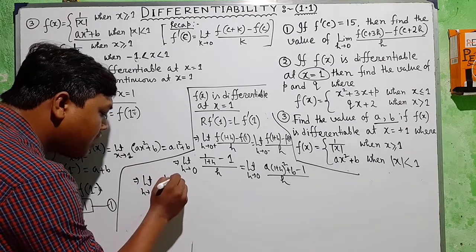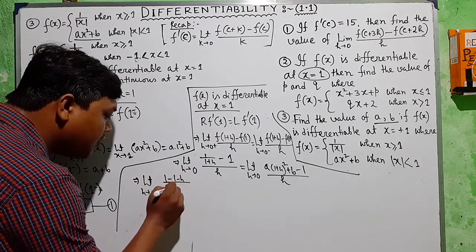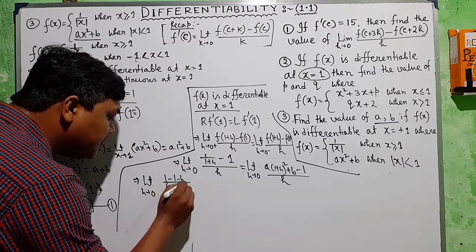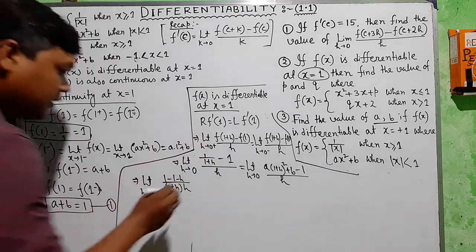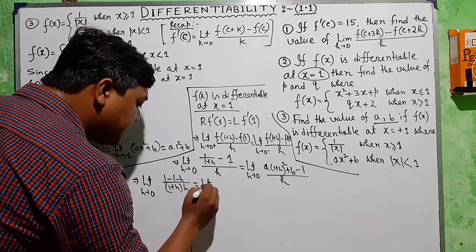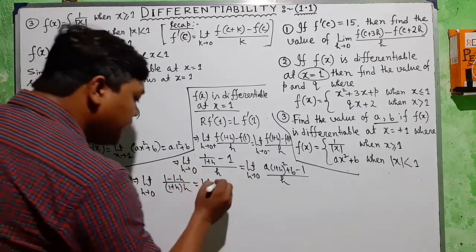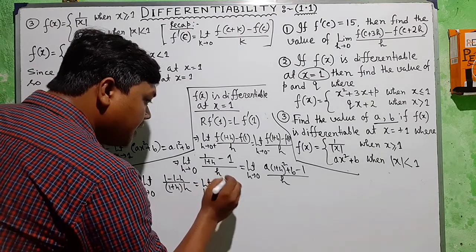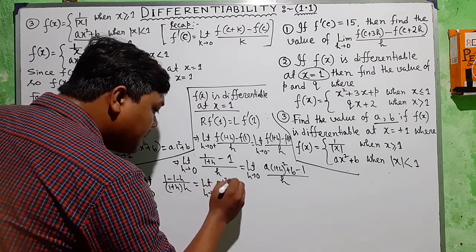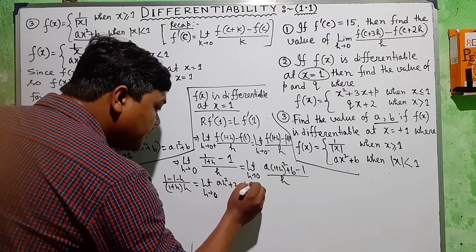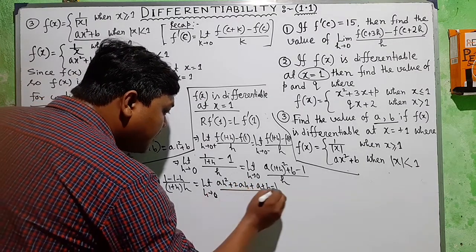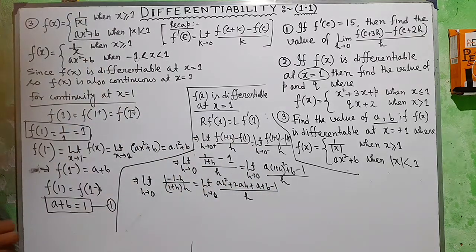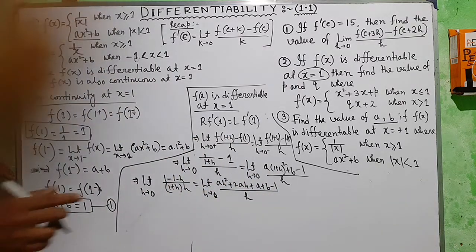So after some calculation, limit h tends to 0 of (1 minus 1 minus h) by (1+h) into h, I simplify that, equals limit h tends to 0 of (ah square plus 2ah plus a plus b minus 1) by h. Clear? And what is the value of a plus b? That is 1.